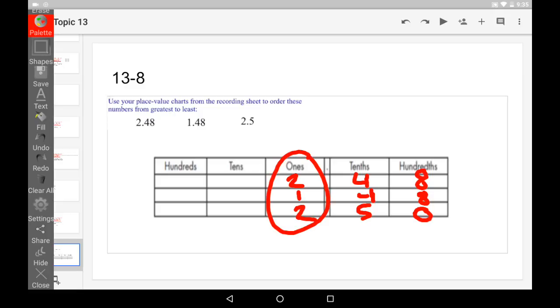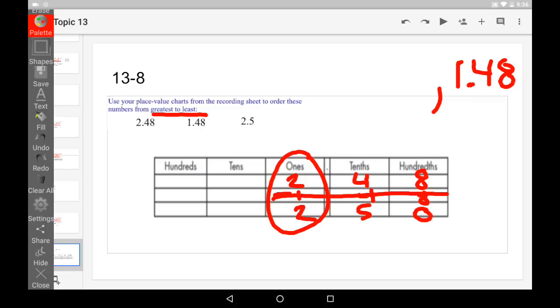Okay. And they want to know from greatest to least. Okay. So I want to put my largest number first. So we look. Well, I have 2 2's and a 1. Well, that means these two numbers that have the 2's, I'm going to have to look at the next place value. But that automatically makes this one here my smallest. So I'm going to put that over here. 1 and 48 hundredths, okay? That's going to automatically be my smallest or my least, okay?